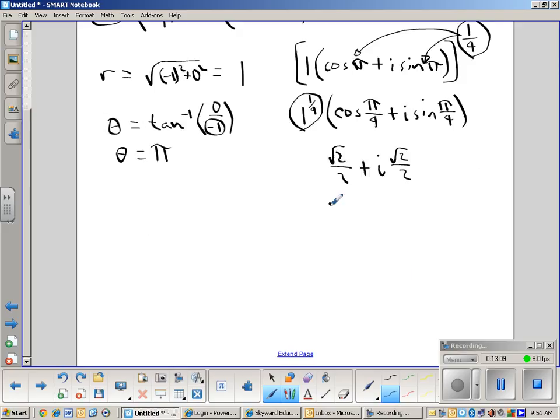And so this one they're going to leave this way. I don't know why I have an approximate value here, but I did. These are exact.